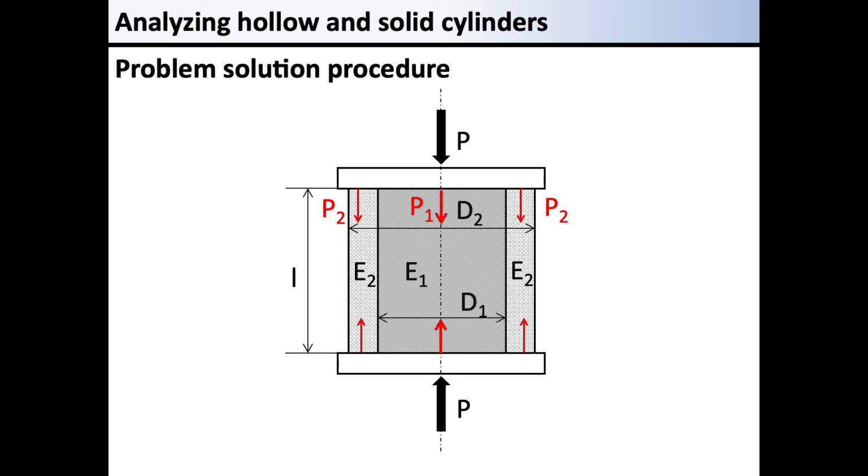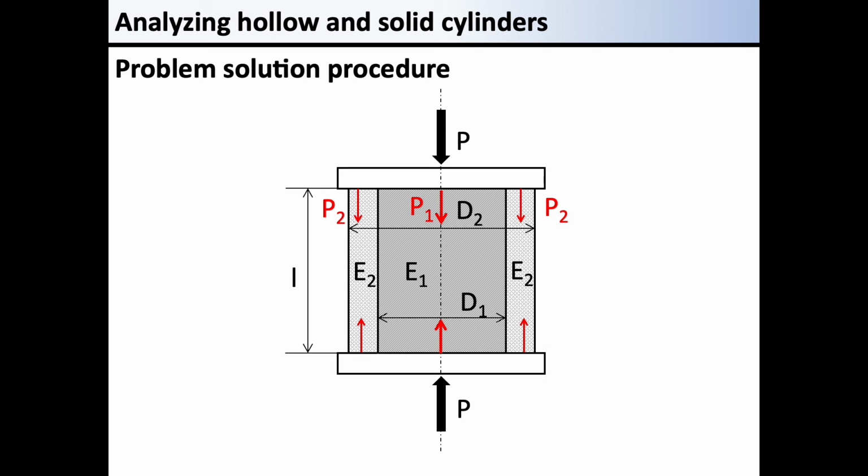Then we have another second equation that describes that the shrinkage of the inner cylinder and the outer cylinder are equal. You can simultaneously solve the two equations. One is about the load, and the other is about the deformation.